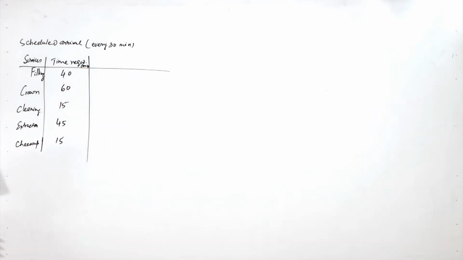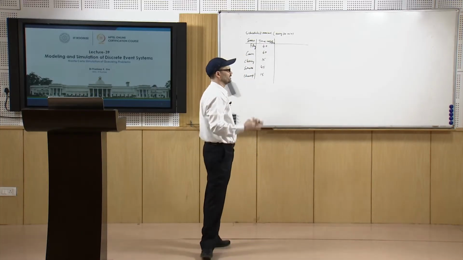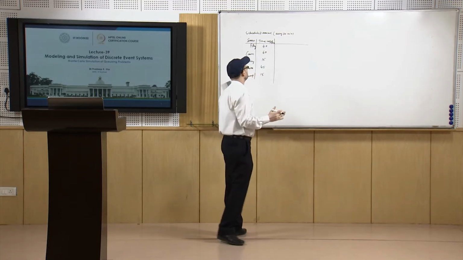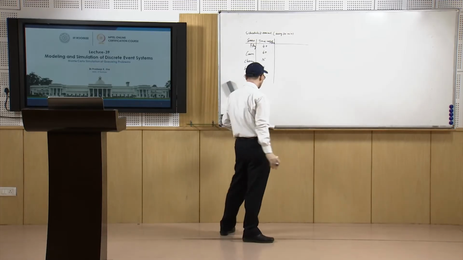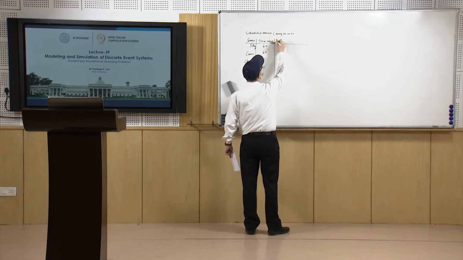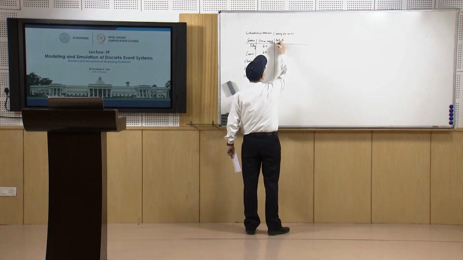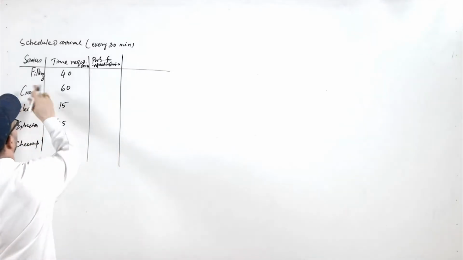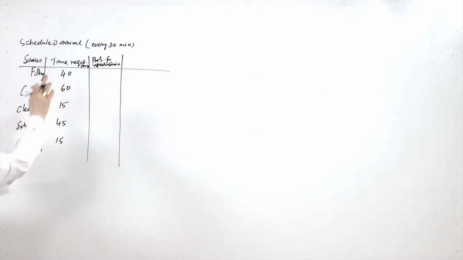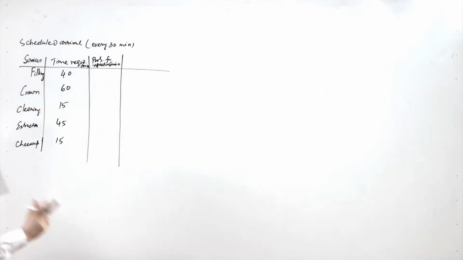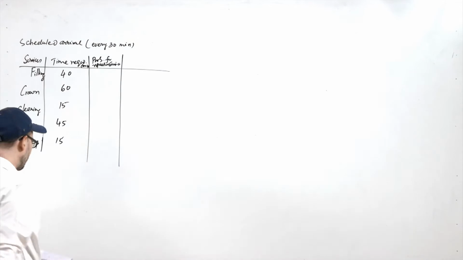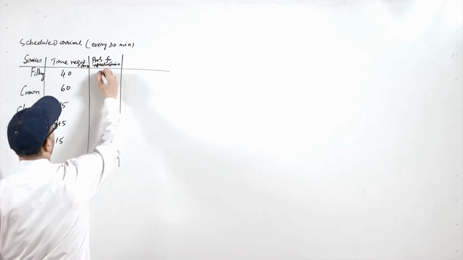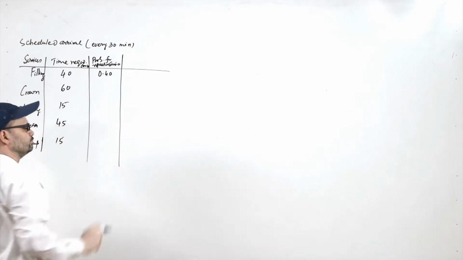Now, from previous records, it was seen that customers have a certain probability for the respective service. For filling, the service time is fixed at 40, but the probability that they are coming for filling is 40%, so it is 0.40.